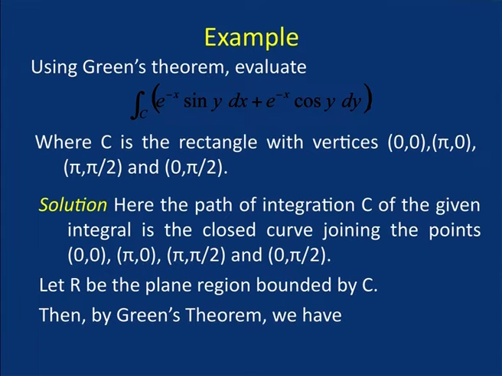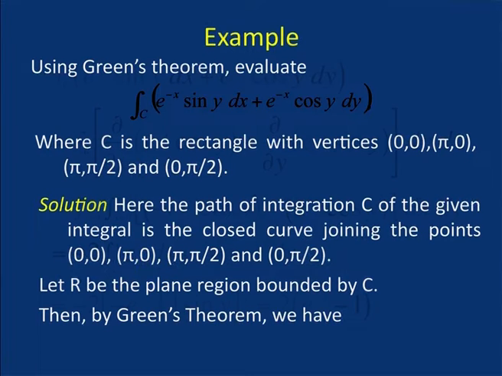Here the path of integration C of the given integral is a closed curve bounded by the four sides of the rectangle joining the points (0,0), (pi,0), (pi,pi/2) and (0,pi/2). Let R be the plane region bounded by C.